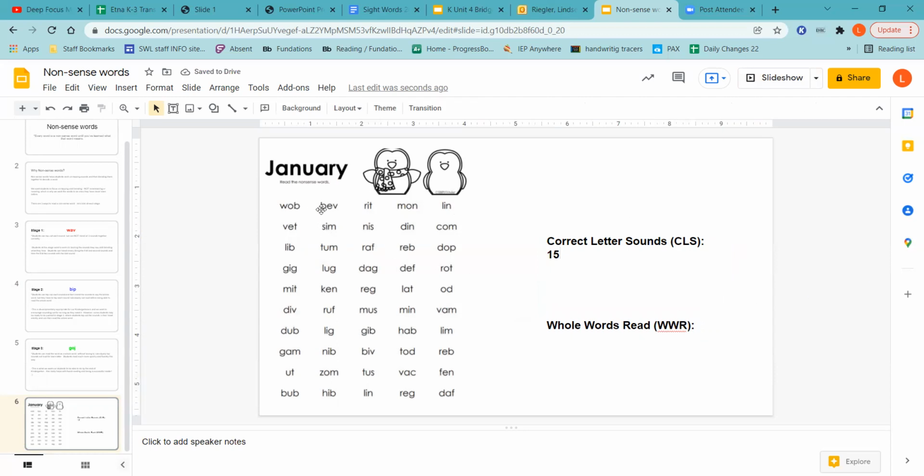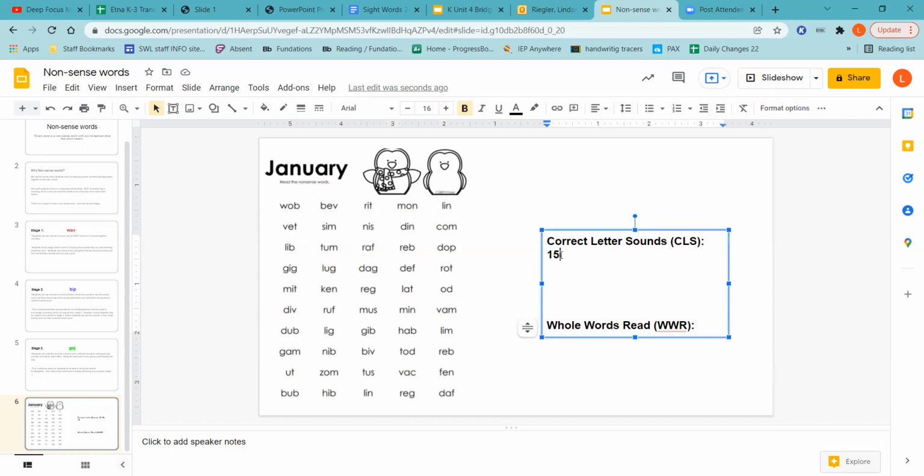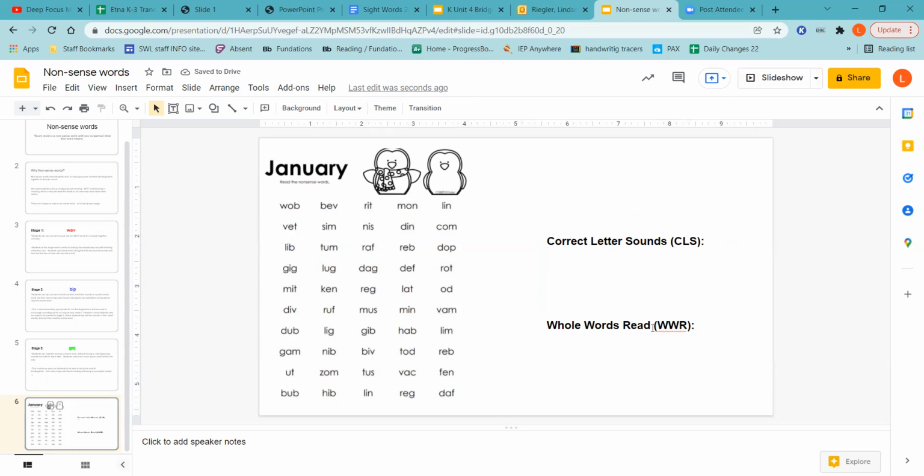Since I tapped out each sound, I don't get any whole words read points because I didn't read them as whole words. If I'm able to read them without sounding out first, that would count as a whole words read. I will do the same line of words, reading them as whole words instead of tapping them out. Wob, bev, writ, mon, lin.